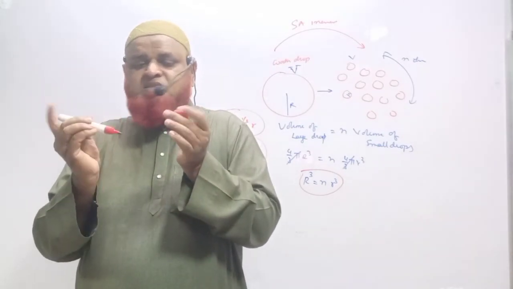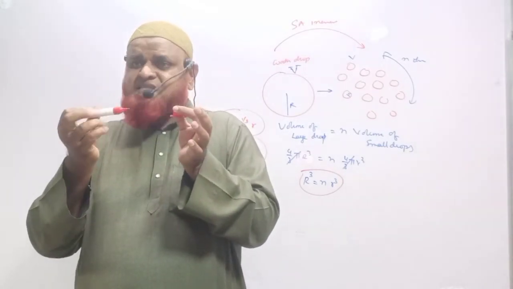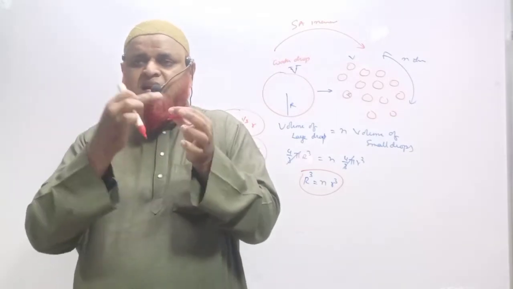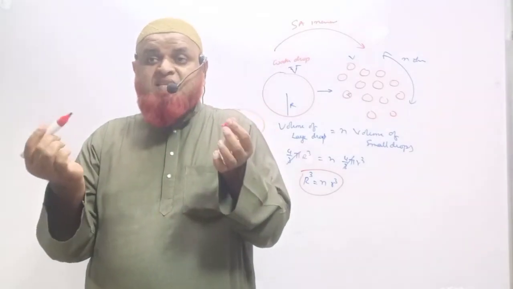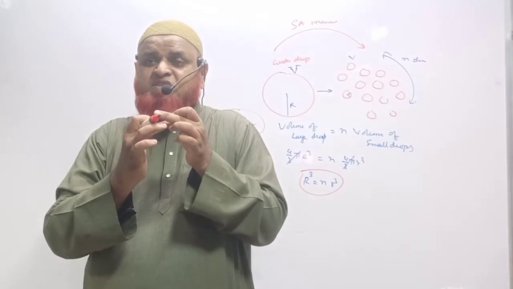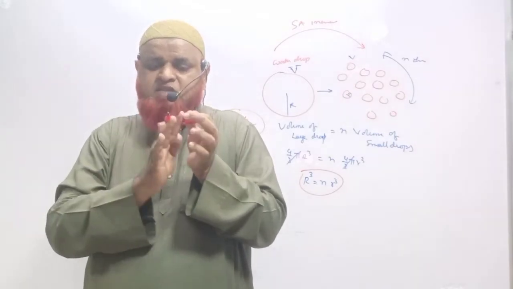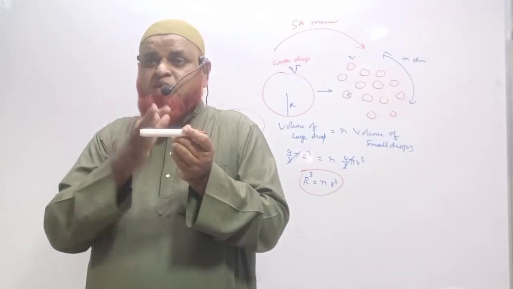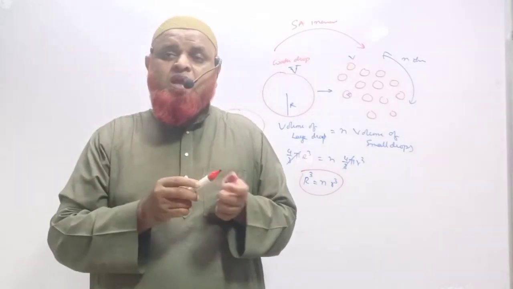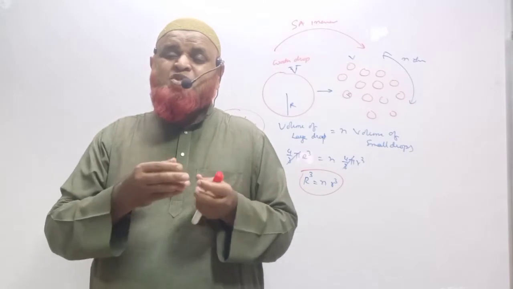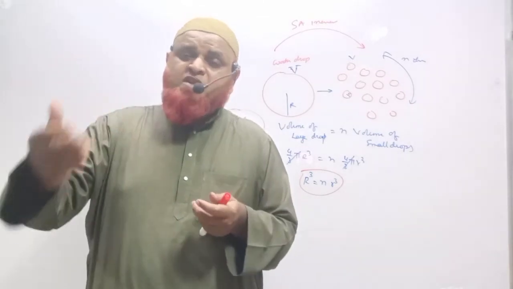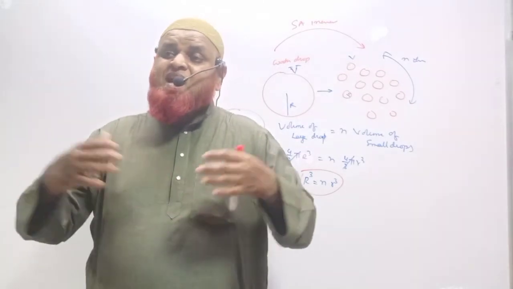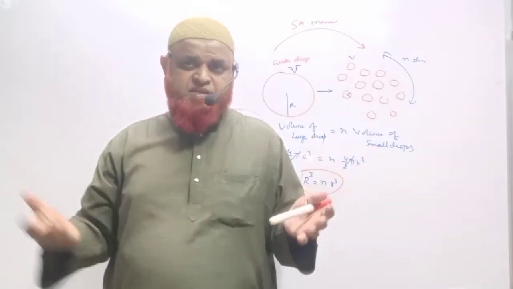This is already present. Lateral is the same. If you add lateral of this and lateral of this, it is going to be the same. But what is extra? These two surfaces are going to be extra here, this part and this part. If you break here, then two more surfaces will become extra. Like that only, if a larger drop is split into smaller drops, the more the number of drops you convert, the larger the surface area is going to increase.